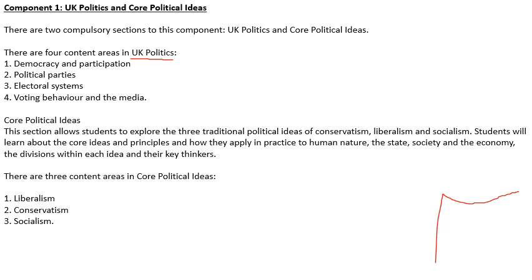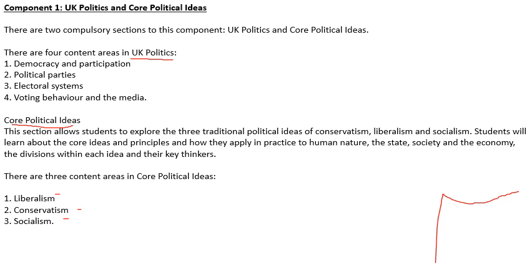I just quickly want to talk about this part here, core political ideas, because actually, in some respects, this is the most important part of the course. Liberalism, conservatism, socialism: behind everything, there is an idea that comes first. It's in understanding the philosophical underpinnings of liberalism, conservatism, and socialism that everything flows.